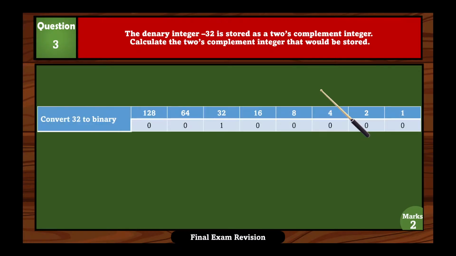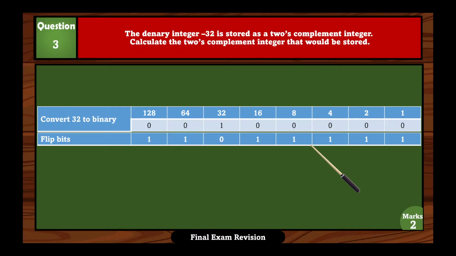Step number 1, you just ignore the minus sign and convert the 32 into binary. Because we need an 8-bit binary number, we have to add the powers till 128: 1, 2, 4, 8, 16, 32, 64, 128, and the binary of 32 is 1 0 0 0 0 0. First, we got the binary of 32.